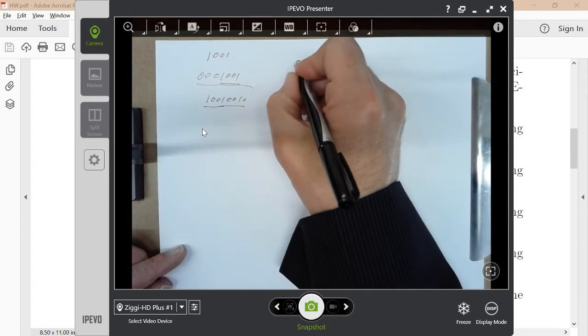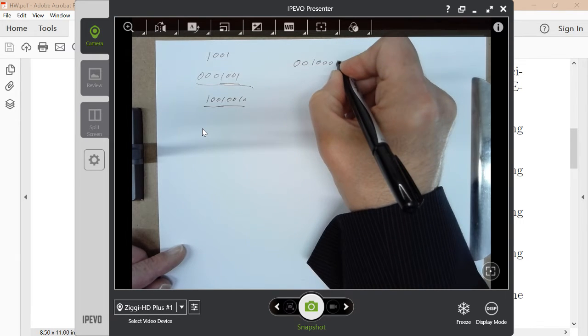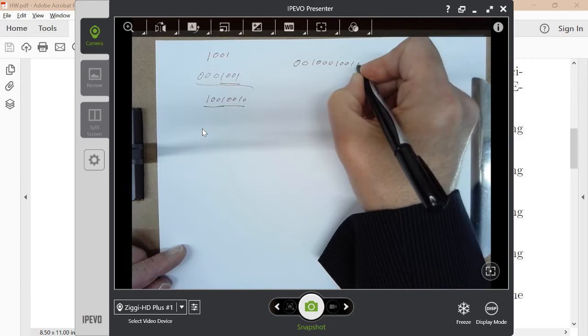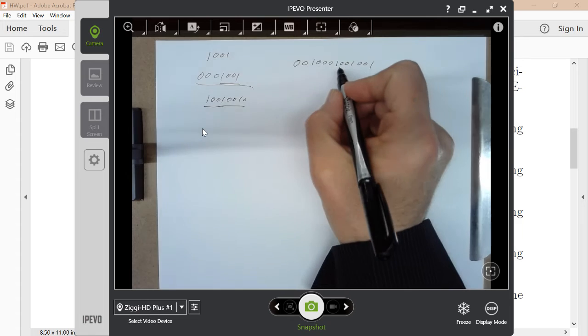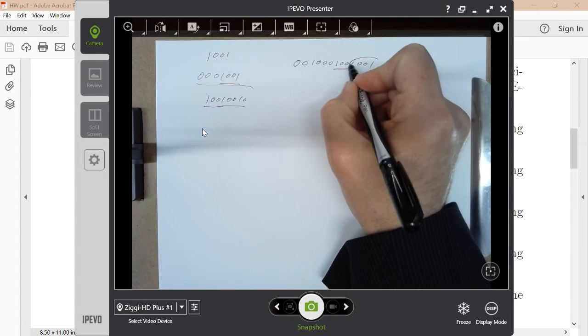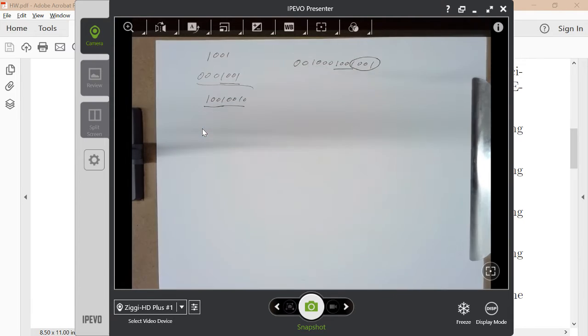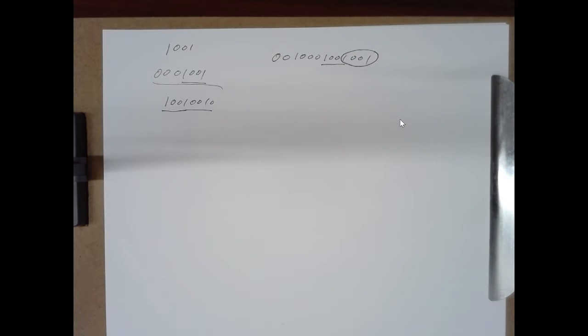Or if you have this, here was a 1001, so that's certainly recognized. But also here's a 1001, so should that string be recognized? We haven't really said what to do one way or another, so for this case I would leave it up to you. But let's take the most simple way of interpreting this.